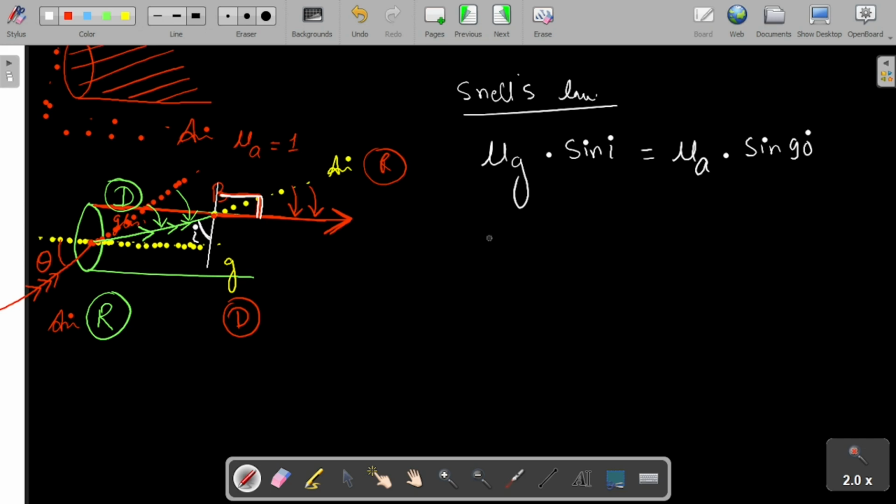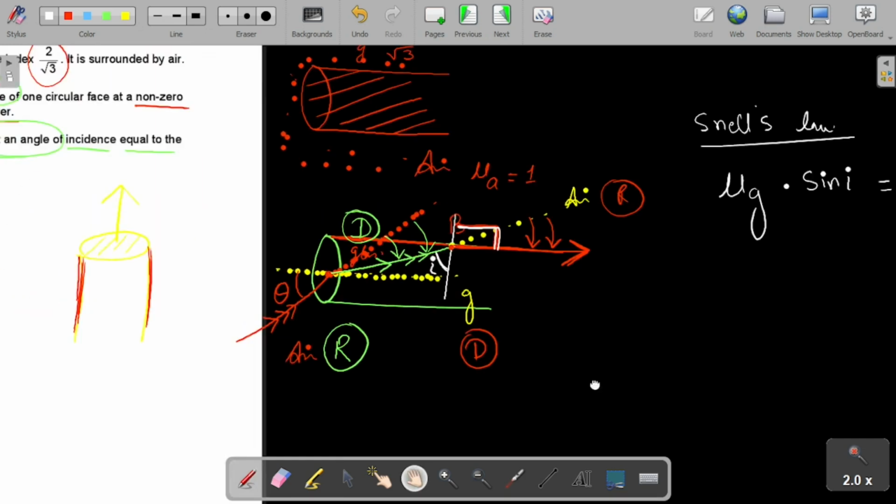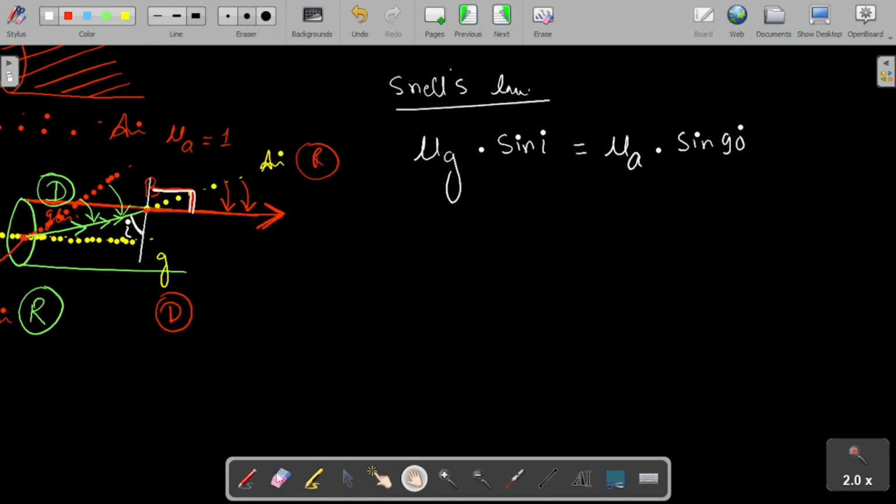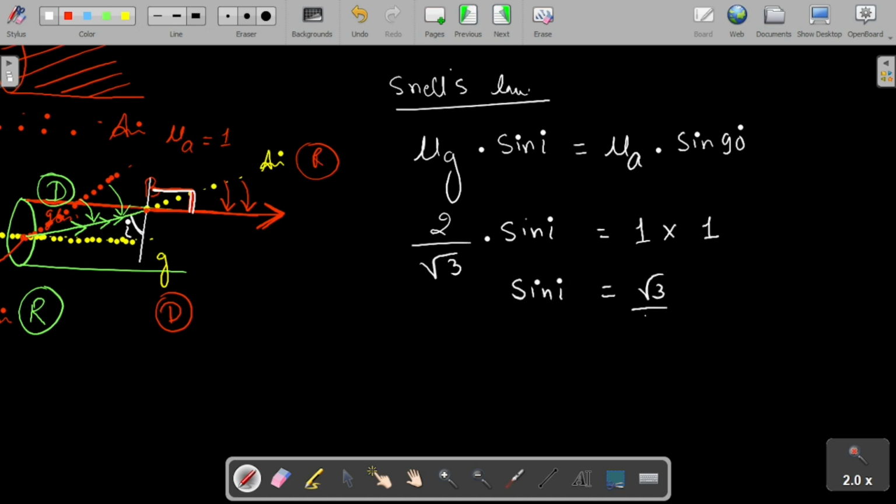We have mu g, that is 2 upon root 3. So it should be 2 upon root 3 into sine of I equals mu a, that's air, and sine 90, that's 1. So sine of I is equal to root 3 by 2. From here we can get the value of I as well. I is equal to 60 degrees.